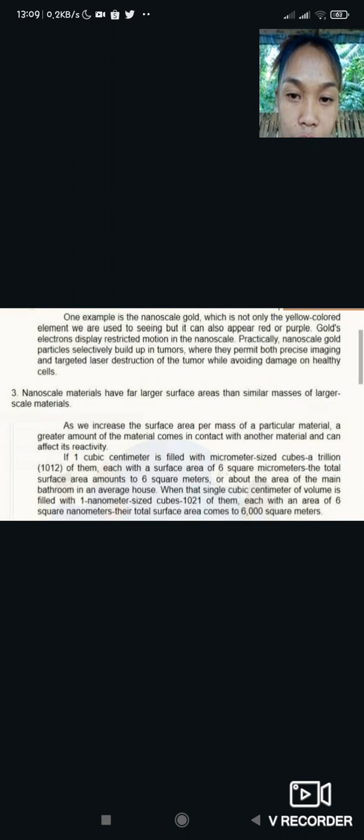Among the essential properties of nanoscale that change as a function of size include chemical reactivity, fluorescence, magnetic permeability, melting point, and electrical conductivity. One example is nanoscale gold, which is not only the yellow-colored element we are used to seeing, but it can also appear red or purple.